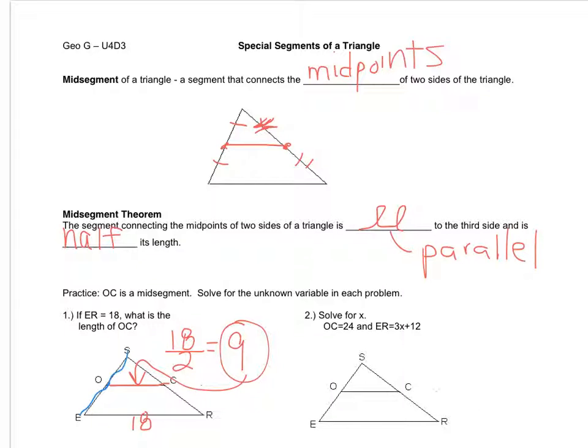One of my classes had a pretty hard time explaining why we knew that OC was a midsegment. Well, we are told right here that OC is a midsegment. So important information is either given to us, stated right there in a sentence, or we would have to look for congruent symbols and make that determination on our own.